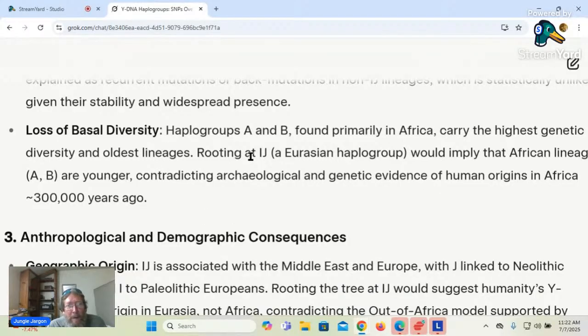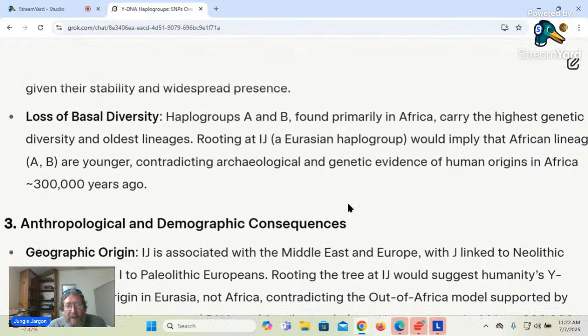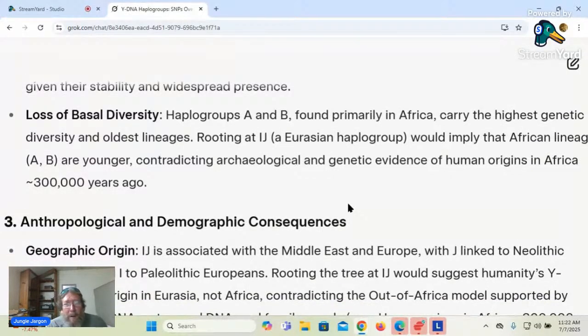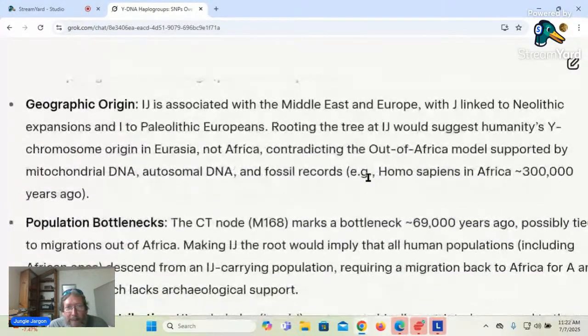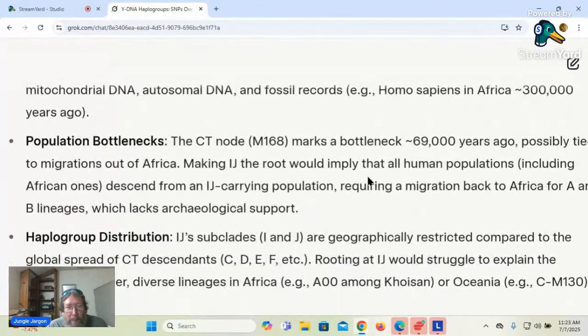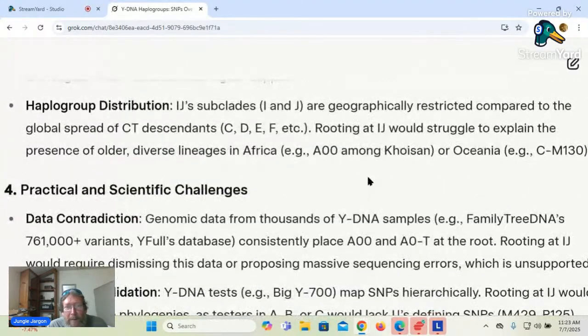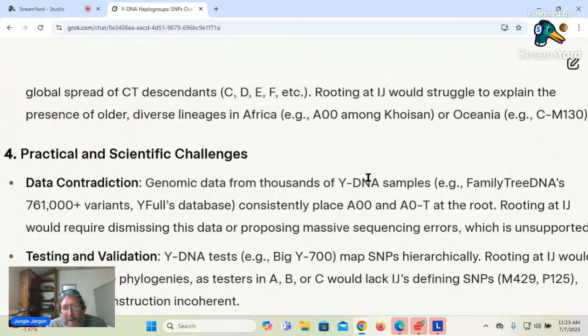Okay. Now they're talking about loss of basal diversity. Again, that has to do with mutation or genetic distance, and it's all wrapped up in the assumption of the root in A. But we already know that IJ is arpachot.